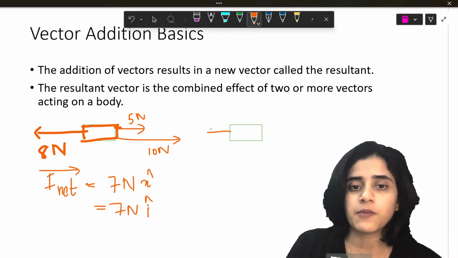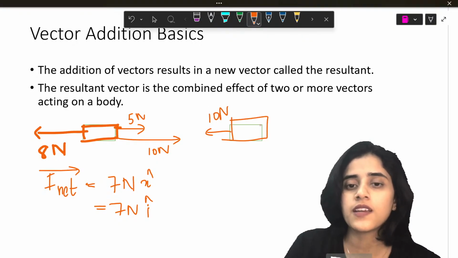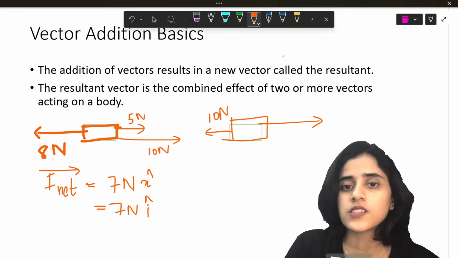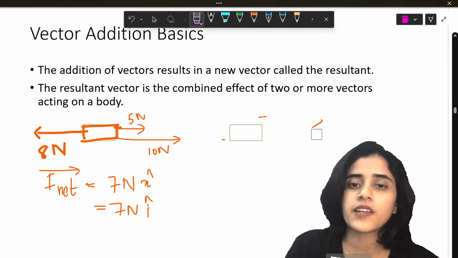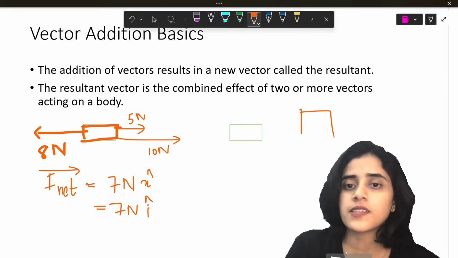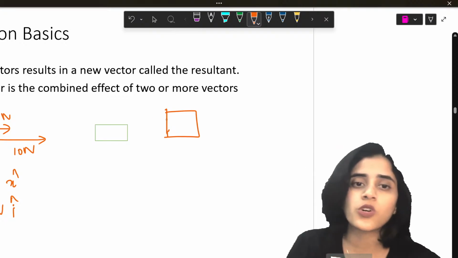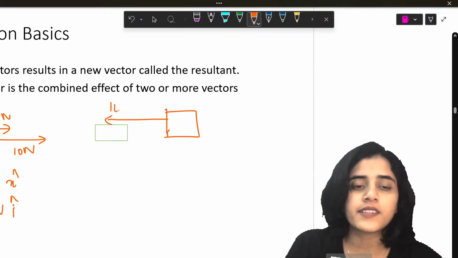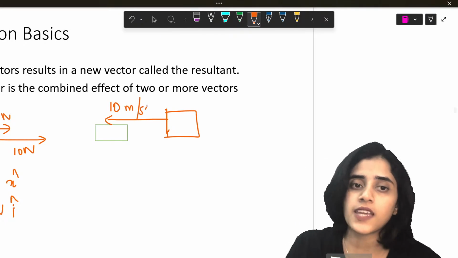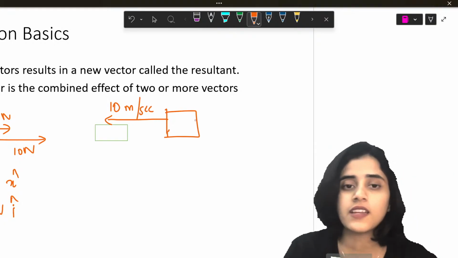Let's look at another example. Let's say this has 10 Newton backwards. Let's say this is a box. The backward speed is 10 meters per second.